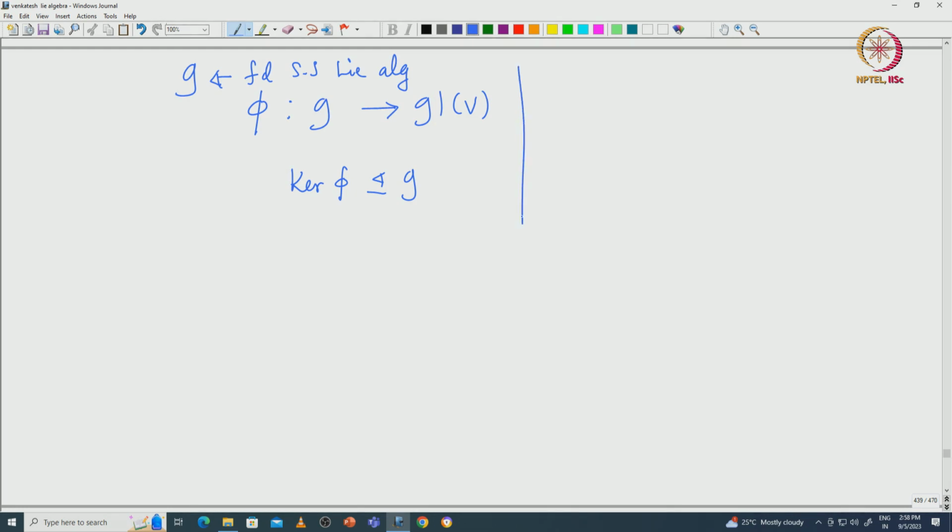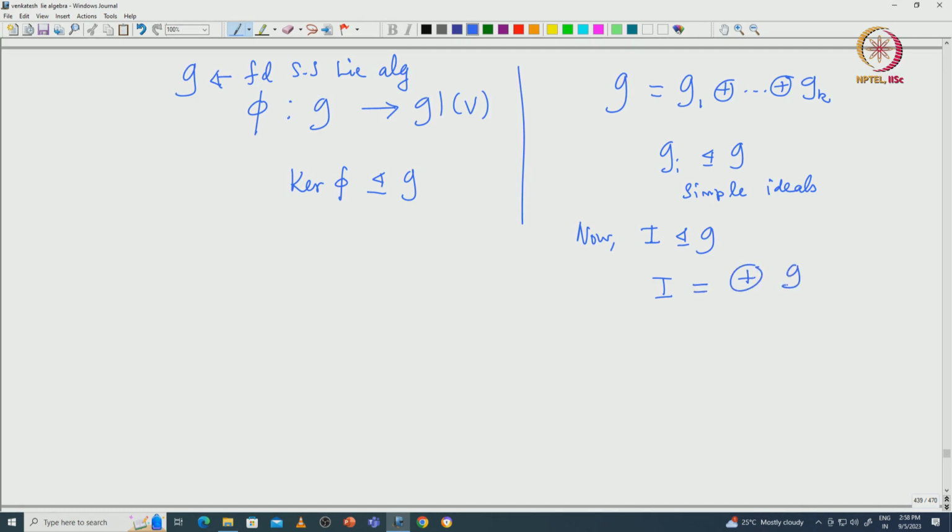What I mean by that is, using the Killing form, we proved that G is equal to G1 direct sum, etcetera, direct sum Gk, where these Gi's are all simple ideals inside G. If we take any ideal I inside G, then this I must be equal to the direct sum of Gi intersection I, where i ranges from 1 to k.